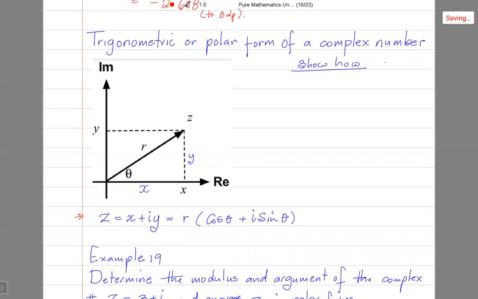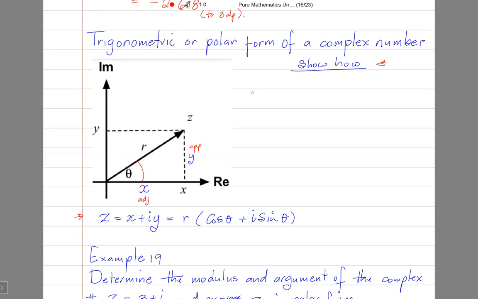So here I'm reminding myself that I need to show you how. Using this, the side y is opposite to the angle theta and x is adjacent. r is the modulus, which is the length of the complex number or the length of the vector representing the complex number.